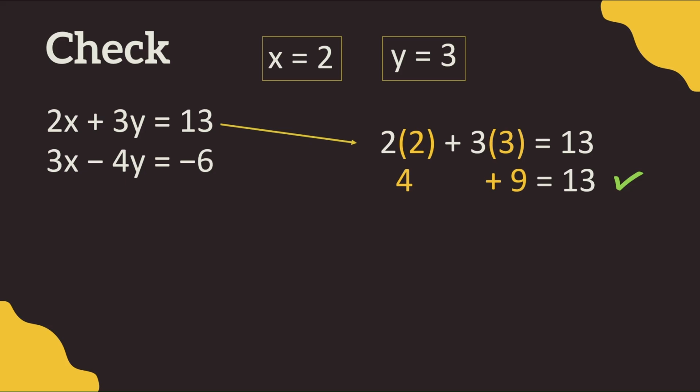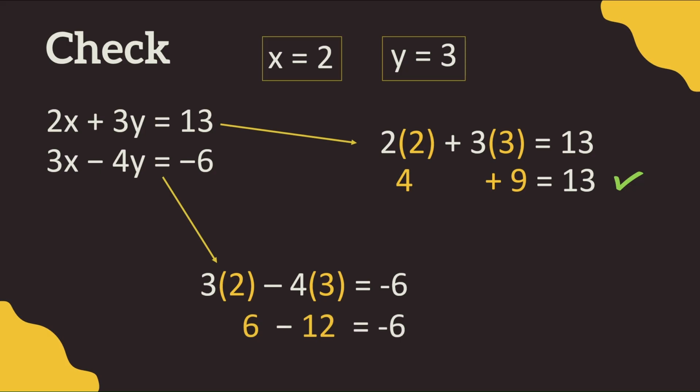Correct. Now let's check the second equation. 3 multiplied by 2 minus 4 multiplied by 3 equals minus 6. That's 6 minus 12 equals minus 6. Also correct. So our final answer is x equals 2 and y equals 3.